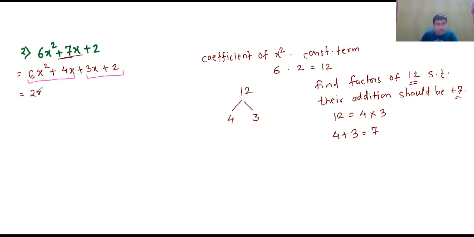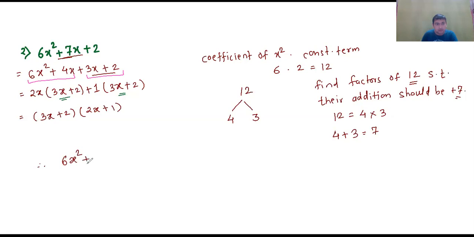Can I take 2x common? So in the bracket it will be 3x plus 2. Is it right? What can I take common from this? 1 in bracket 3x plus 2. Again you can observe these two terms are equal. So I can now take 3x plus 2 common. So in the bracket 2x plus 1. So the factors of 6x square plus 7x plus 2 are 3x plus 2 into 2x plus 1.